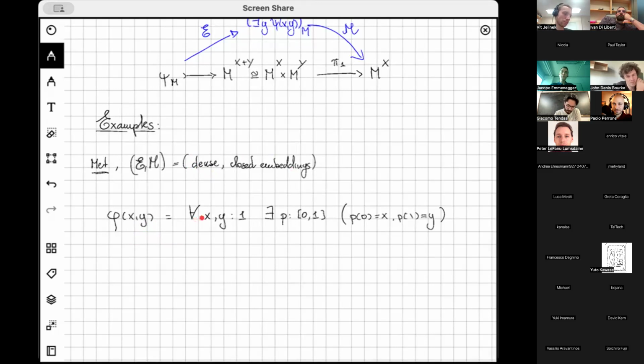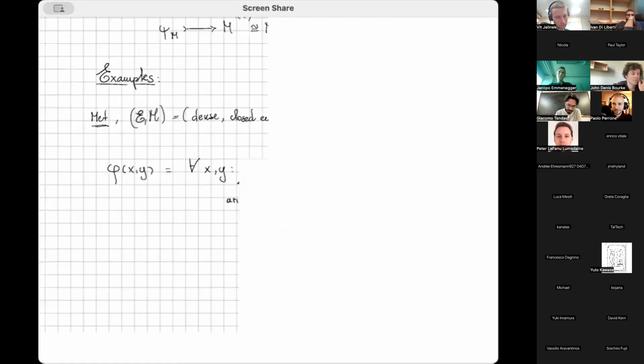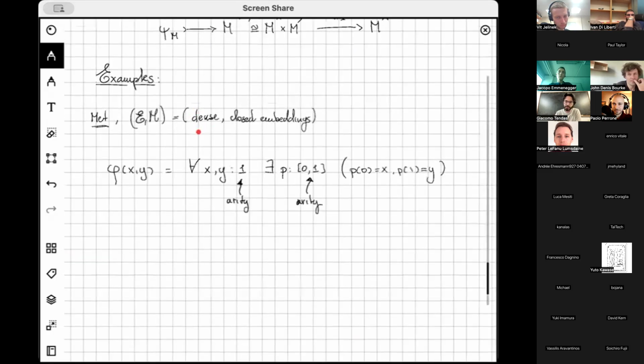So for any x and y, of arity the terminal object, there exists p of arity the interval satisfying this equation. If you interpret this formula with respect to surjections, you get the usual path connected spaces, but if you interpret it with respect to this, you get something different.